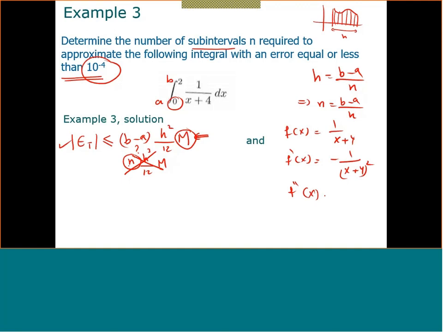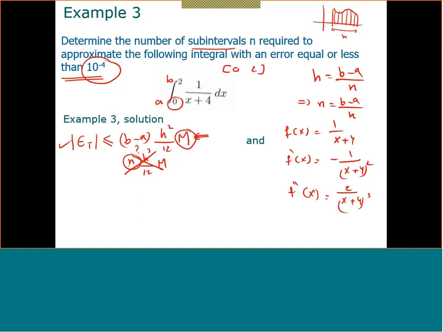This is equal to 2 over (x plus 4) cubed. Now the question is, what is the maximum value of this, not for any number, but for the interval [a, b], which is 0 to 2?